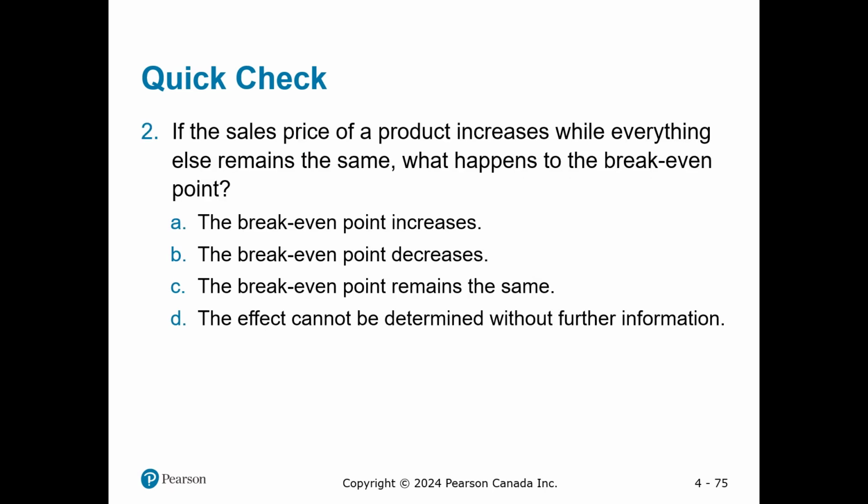If the sales price of a product increases while everything else remains the same, what happens to the break-even point? So remember, sales price is increasing. A, the break-even point increases. B, the break-even point decreases. C, the break-even point remains the same. D, the effect cannot be determined without further information. And the answer is B, the break-even point decreases.